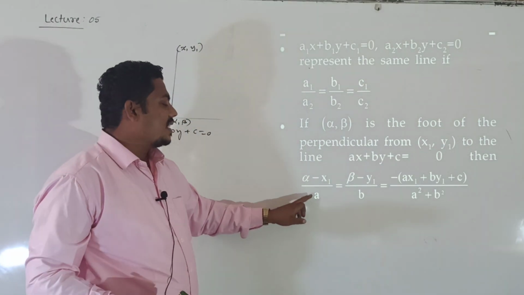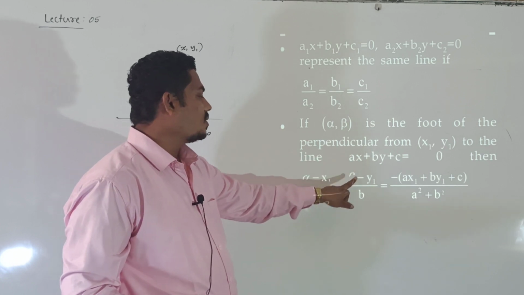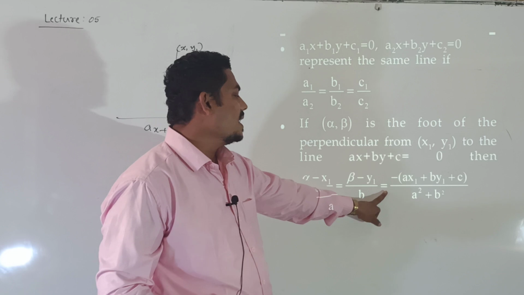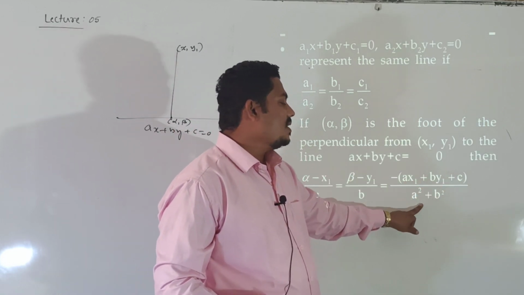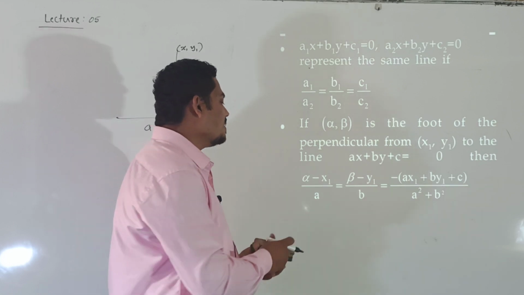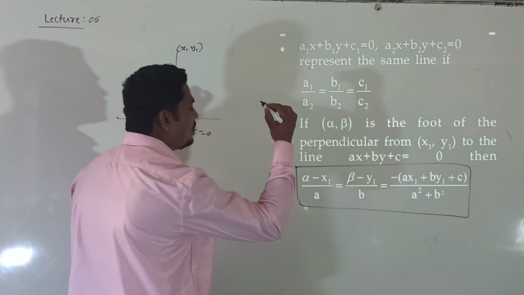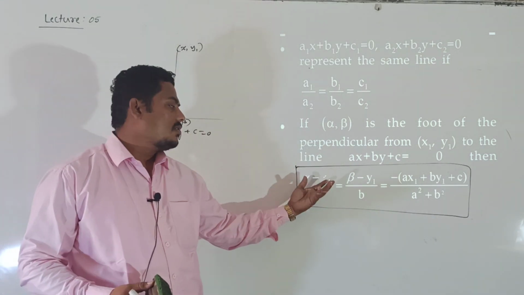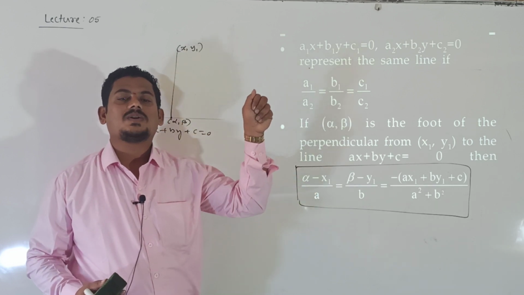Alpha minus x1 divided by a, the coefficient of x, equal to beta minus y1 divided by b, the coefficient of y, that's equal to minus of ax1 plus by1 plus c divided by a square plus b square. By using this formula, easily we can find the foot of the perpendicular. It is a shortcut formula for finding the foot of the perpendicular drawn from a point to a line.